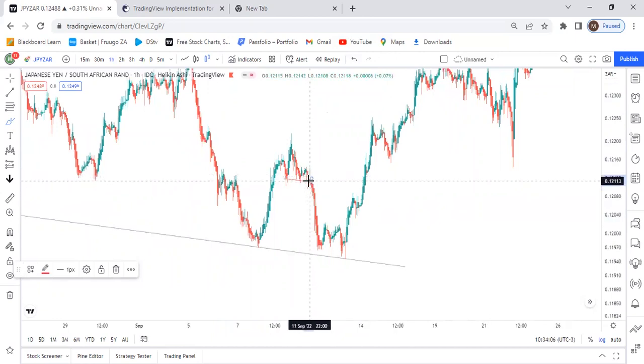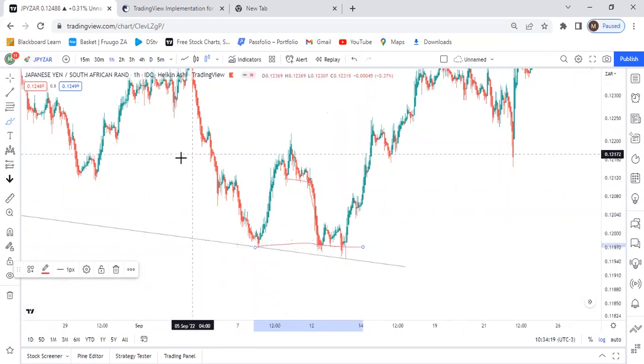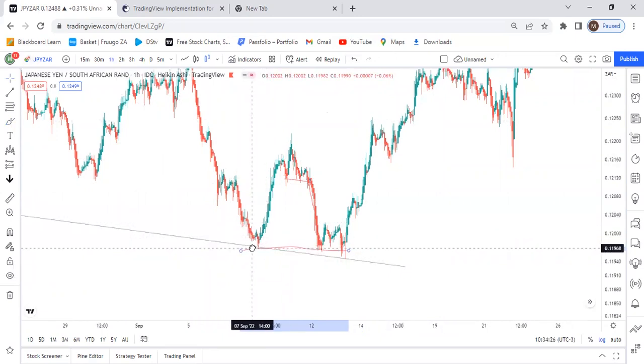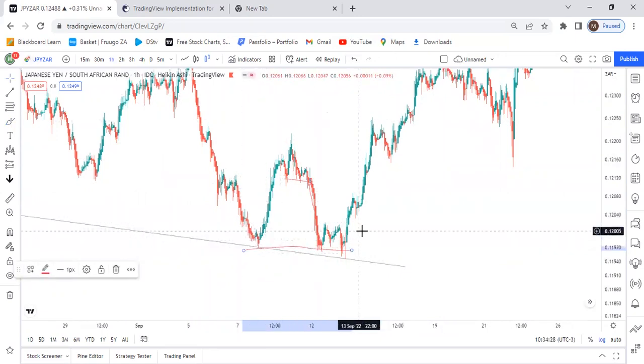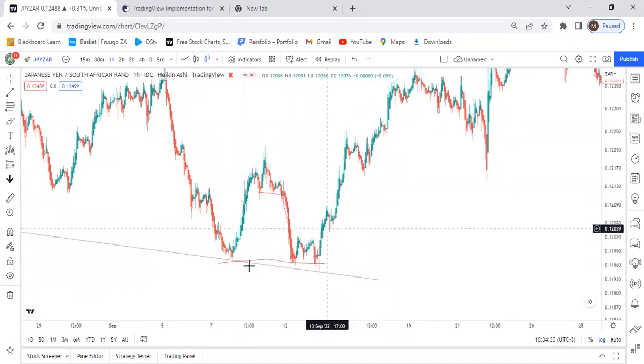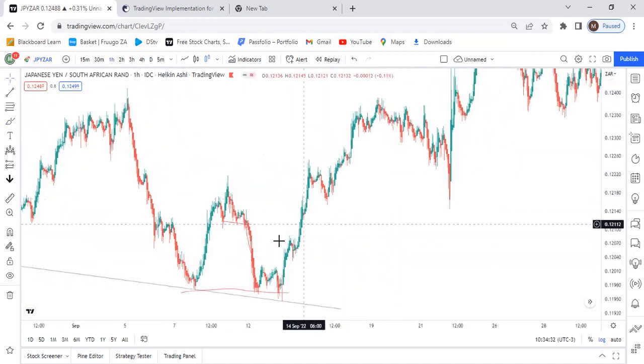So you wouldn't have taken the trade because it didn't have confirmations. So the price would have gone back down to give you a double bottom. So you can see now you have your nice double bottom which confirms to your trading style.